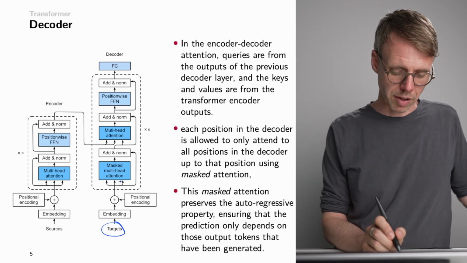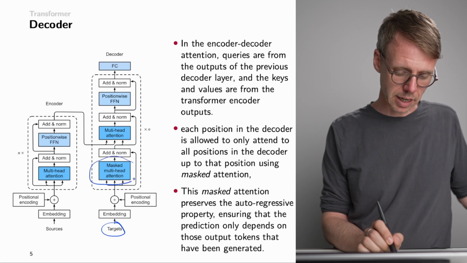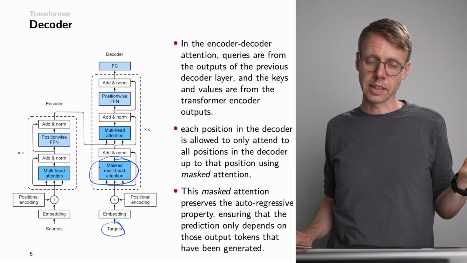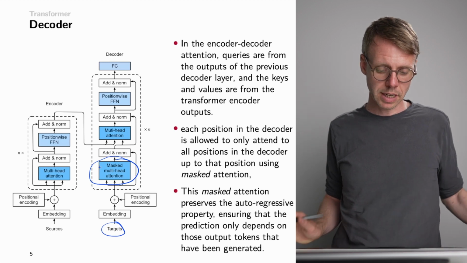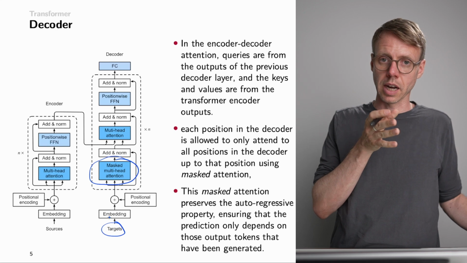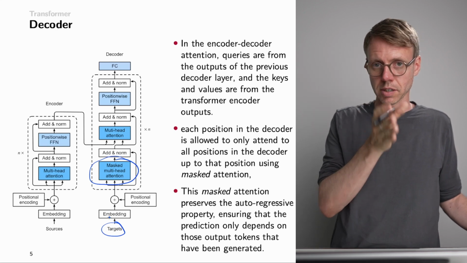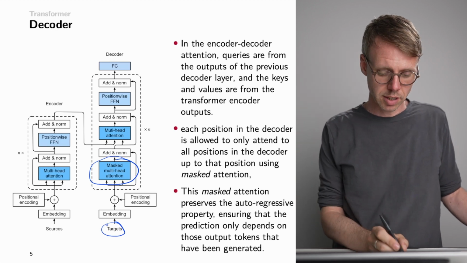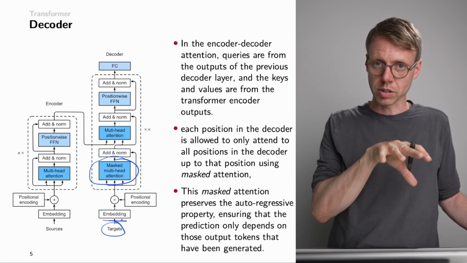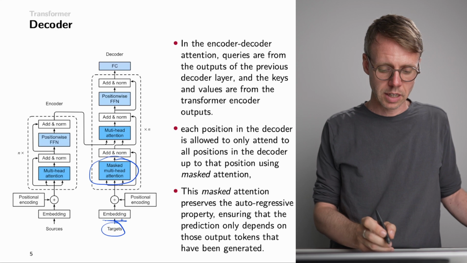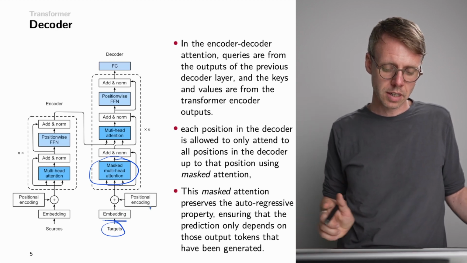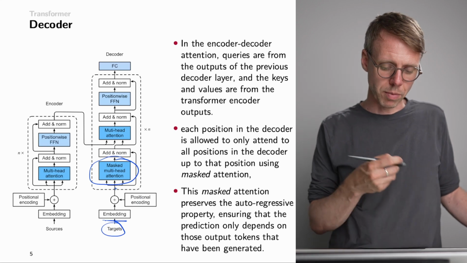Now, why do we have here a masked multi-headed self-attention for the input embeddings? The input embeddings are basically you're saying, okay, I want to evaluate my sequence at the following positions. So you take the input features of the tokens, you add the positional encodings of those, and you perform self-attention.